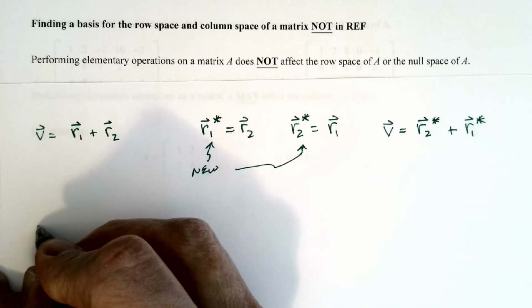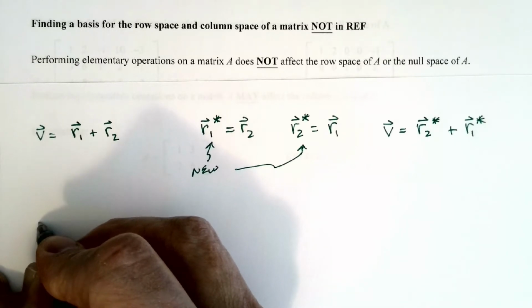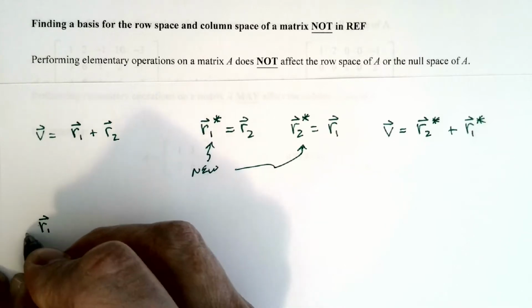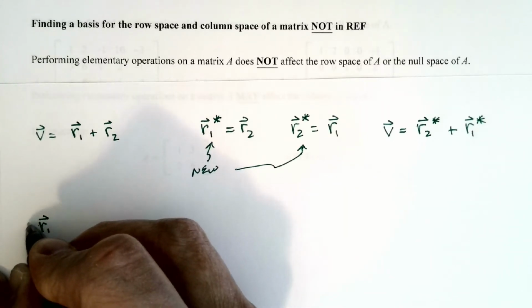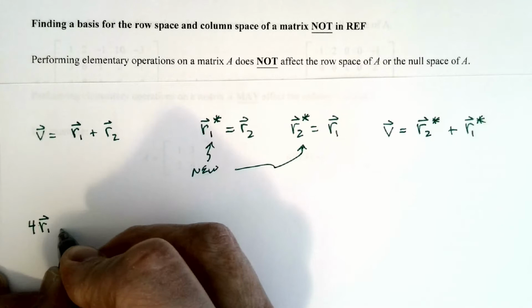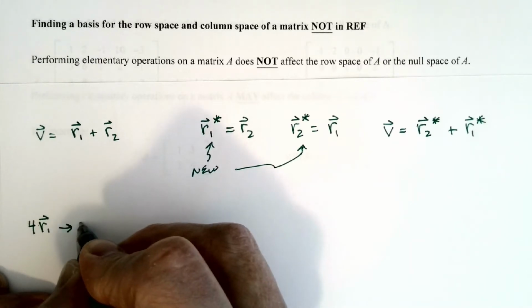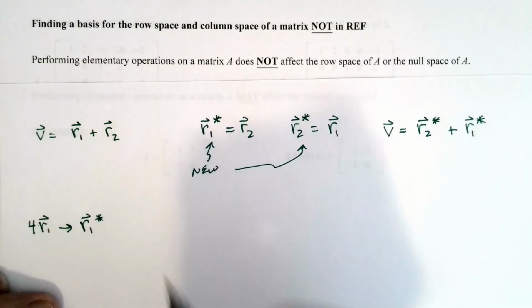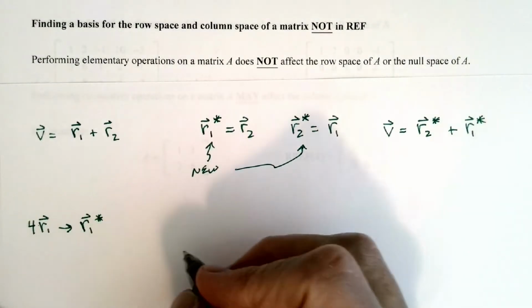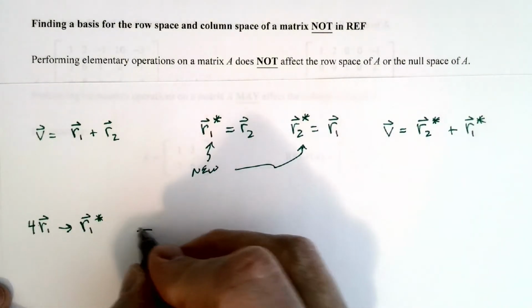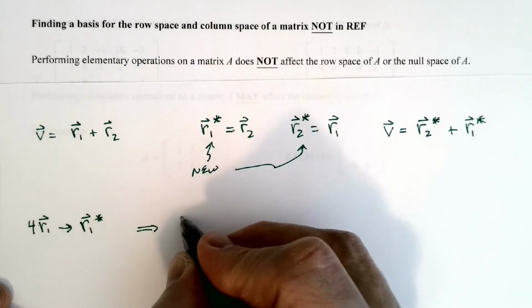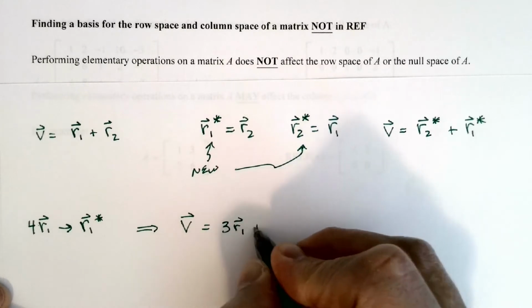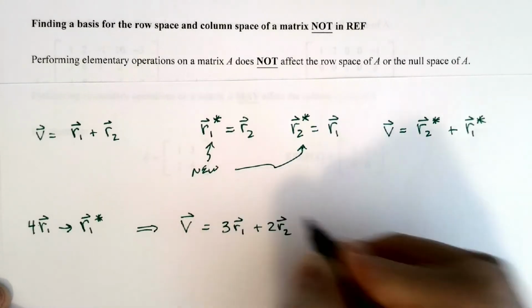So that's interchanging rows. What if we multiply row 1 by, let's make it up, 4? 4 times row 1 becomes the new row 1 here. And let's say that our vector v is 3 row 1 plus 2 row 2.